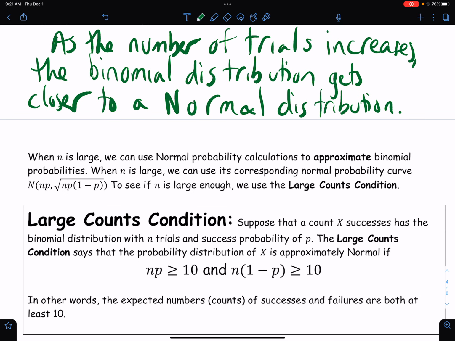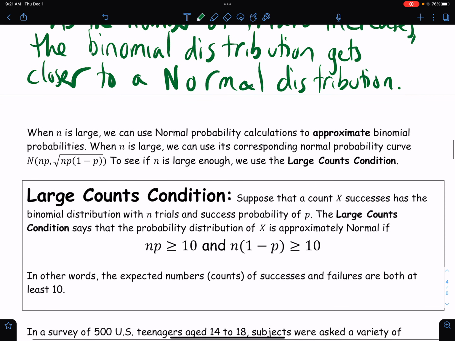What the large counts condition states is that if the number of expected successes and the number of expected failures are both at least 10, so they're greater than or equal to 10, then we can use the normal curve to approximate a binomial distribution. If both are not 10 or greater, we cannot use the normal curve to approximate a binomial distribution.